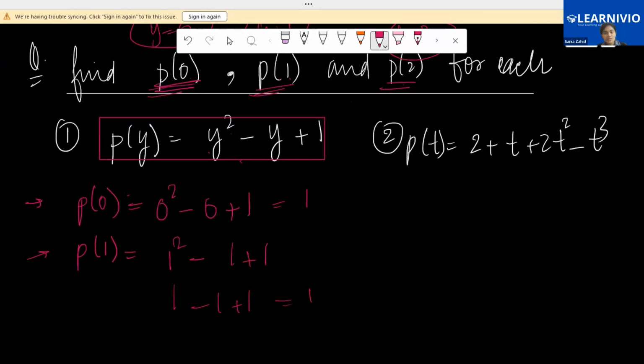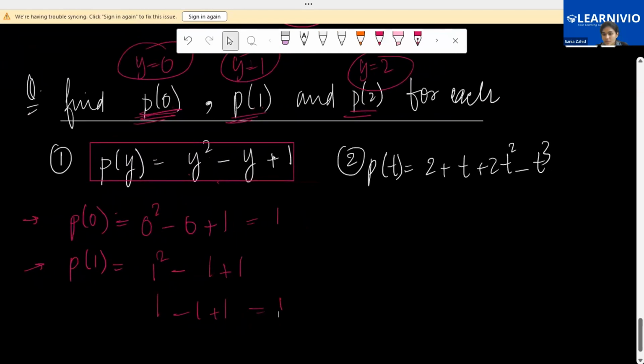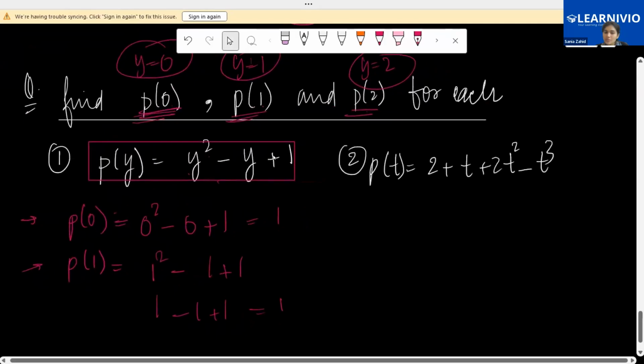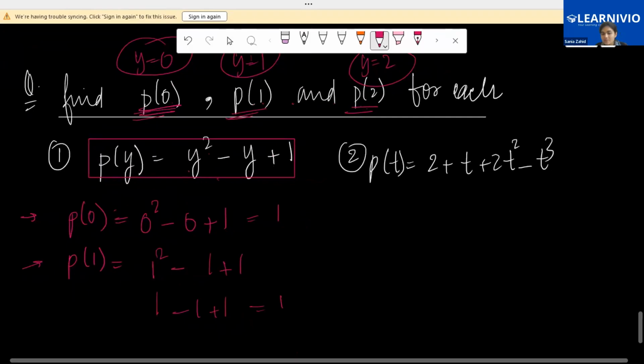Tell me, Hafsa, you still don't understand? No, I do understand it. Do you have any confusion? Kind of, but I can't understand what I'm confused in. You do one thing, you try to solve it once. Instead of y, you first put 0, then put 1, then put 2, and then find the answers. You solve it on your own, you'll be able to do it.